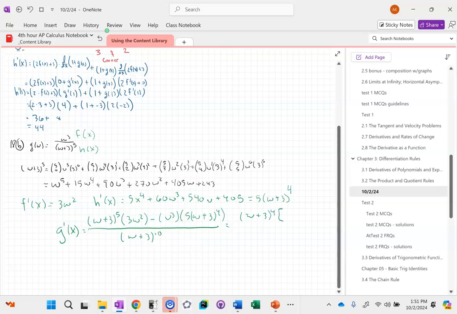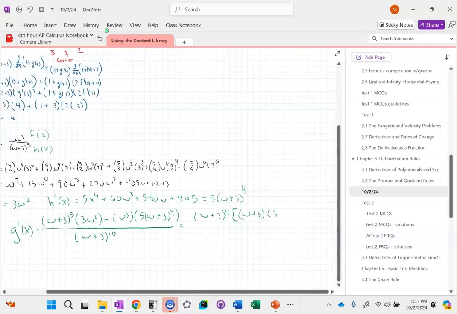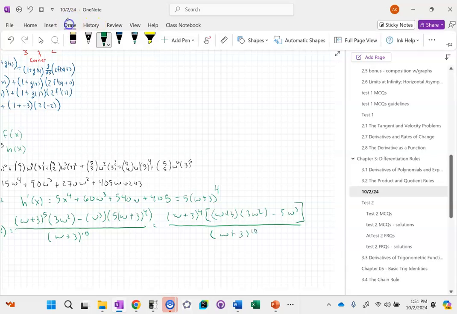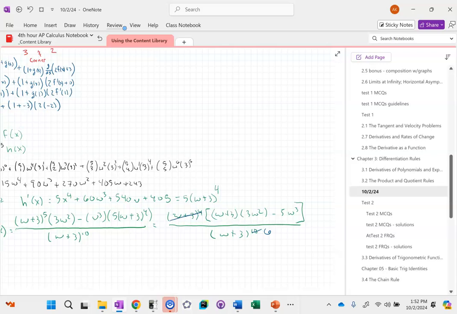I can factor that out, which is super cool because I can just do that reducing. And then I just need to distribute things through.